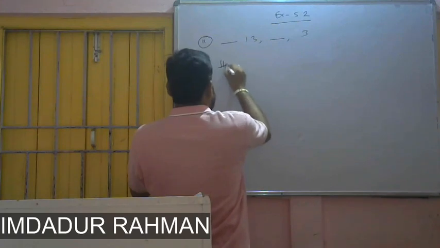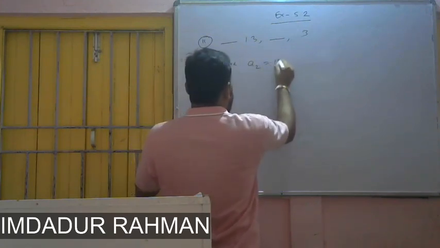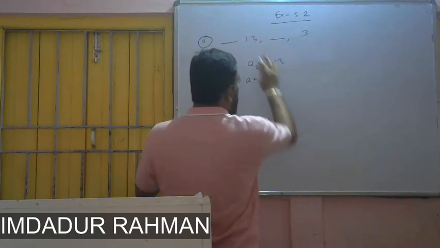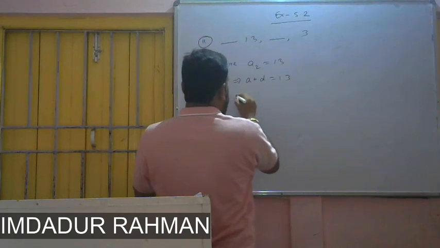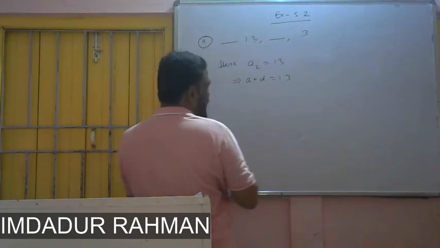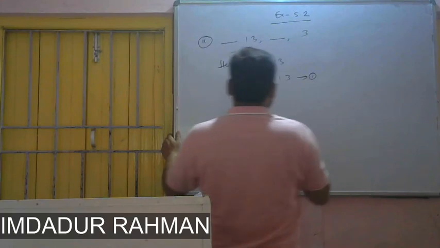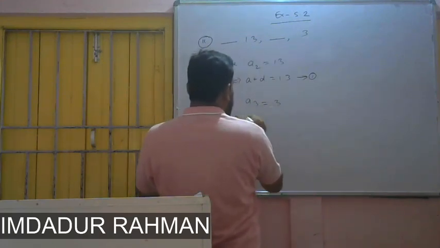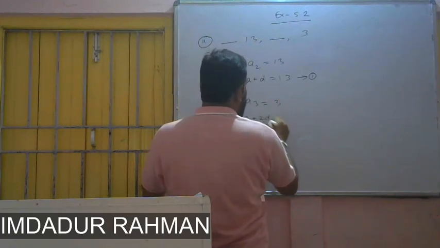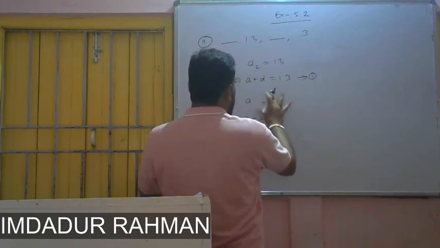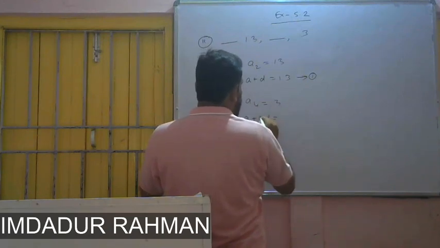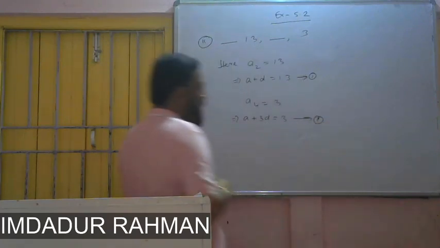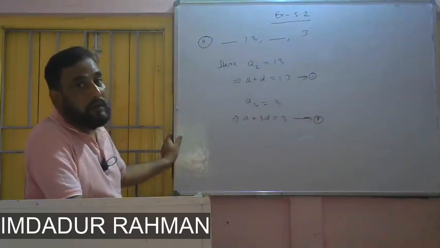Here A2 is equal to 13, that is A plus D is equal to 13. Equation number 1. And A3 is equal to 3 implies A plus twice D is equal to 3. Equation number 2. Now from here we have to find out D.